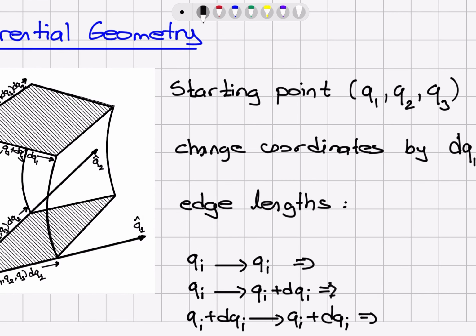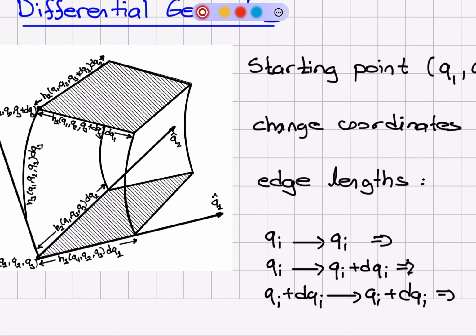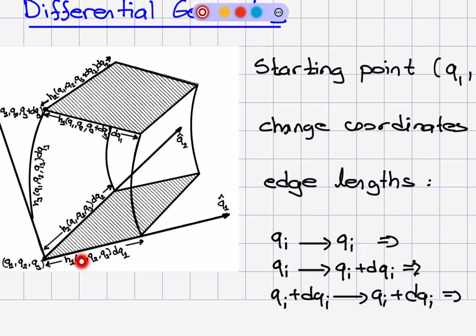Because I have the scale factors, which are the derivative of the position vector with respect to qi, multiplied with dq that gives me the differential displacement in that direction. So for each of these, I have these edge lengths for these differential displacements.